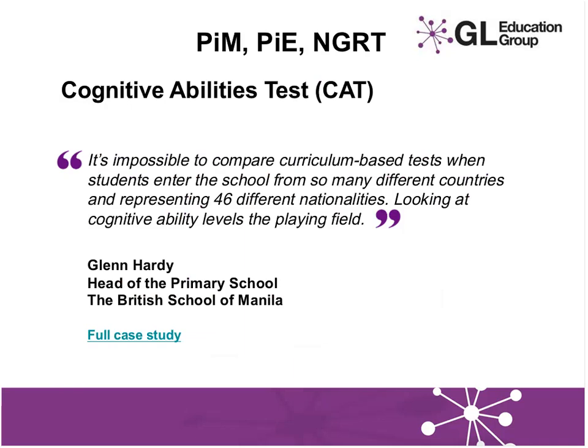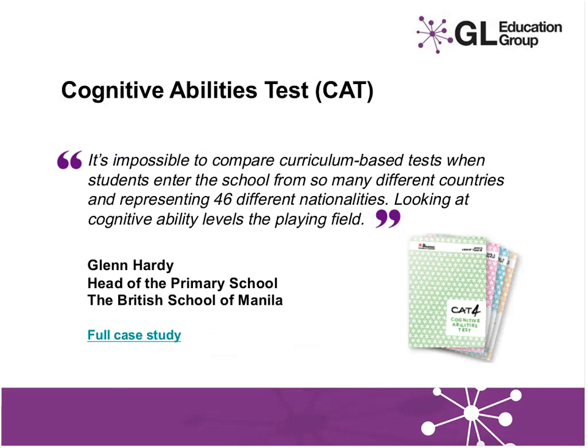To start with, why a school might use CAT4. I've got a quote here from the head of the primary school at the British School of Manila in the Philippines, talking about how many different nationalities of pupils come into the school. I'm sure that's an issue a lot of you have, and you want a level playing field for those learners when they come in. Looking at cognitive ability can level that playing field so that everybody is being assessed on the same basis.